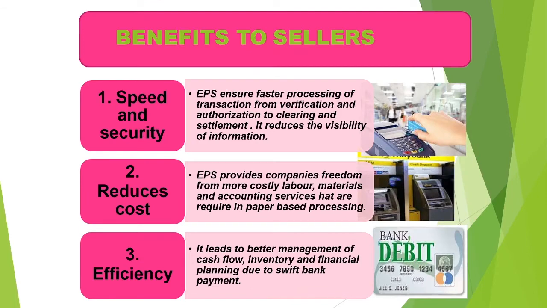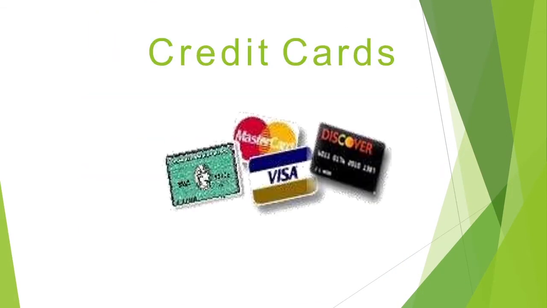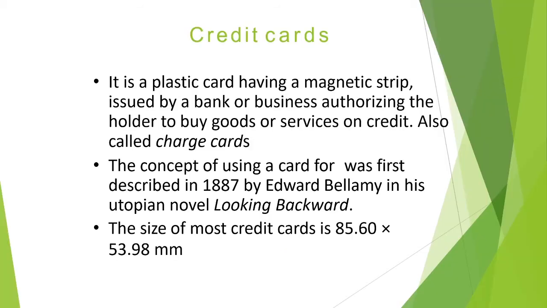Now we are going to see about credit cards. In the last video we discussed credit cards. A credit card is a pre-approved credit amount: purchase now and pay later. It's a plastic card. It was initiated in 1887 by Edward Bellamy in his Utopian novel Looking Backward.